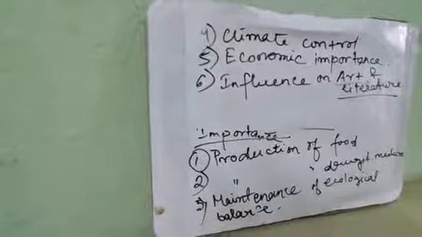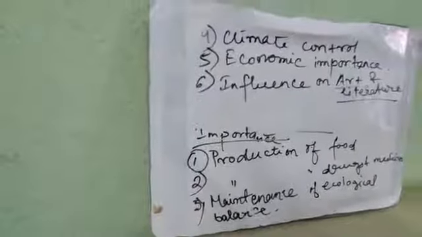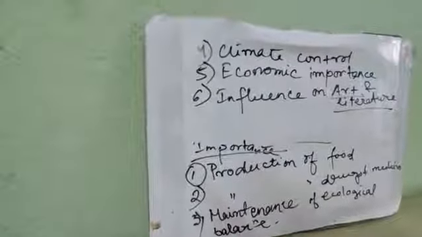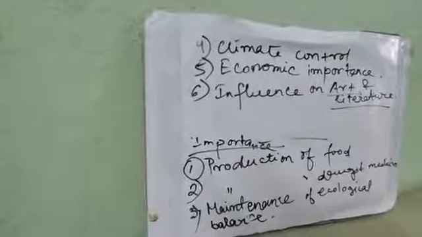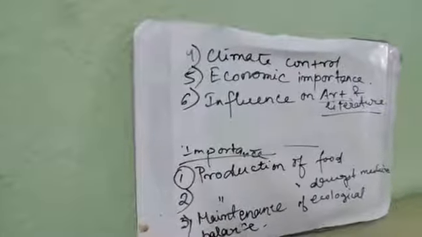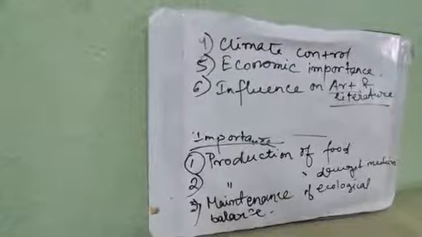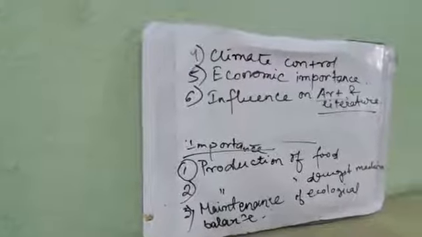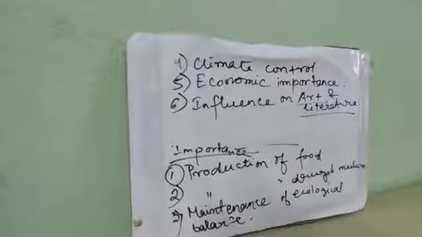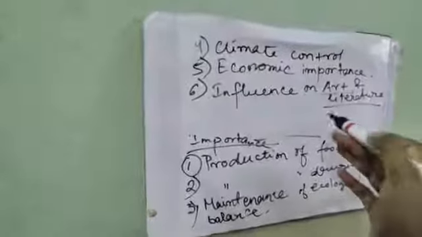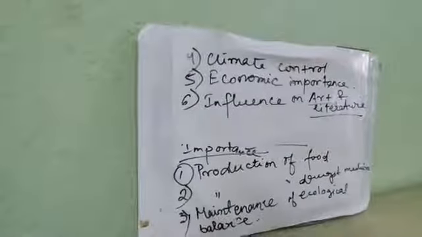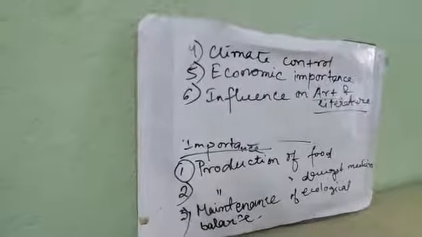While we are studying biodiversity, we are doing bird watching, gardening, and painters and musicians get inspired by nature, creating their own music and art. So this is how they are getting influenced by natural beauty, and thus it is affecting art and literature. So these are the importance of biodiversity.